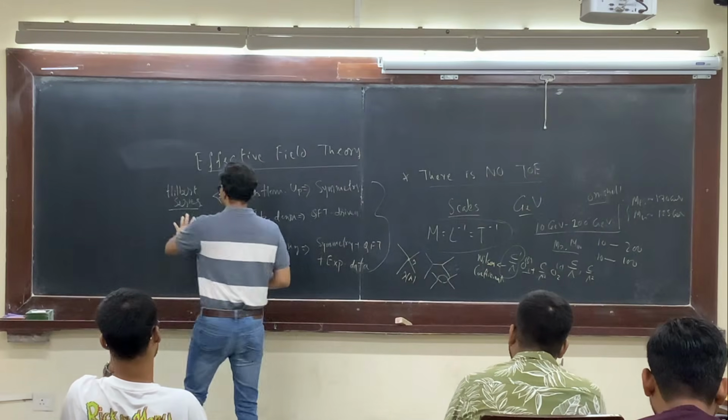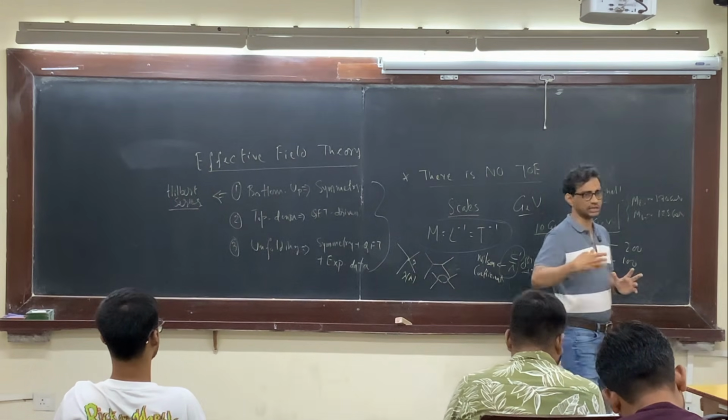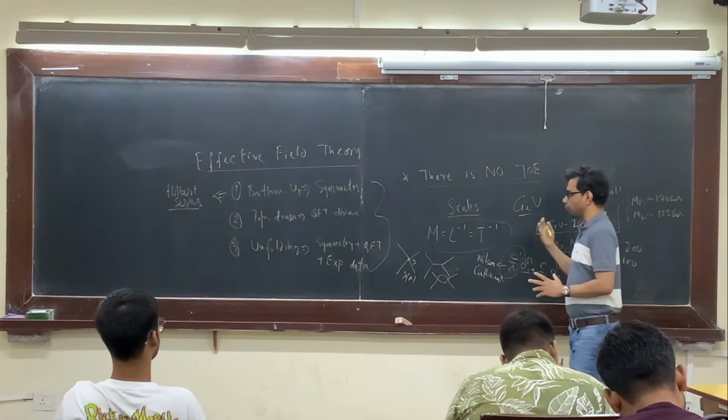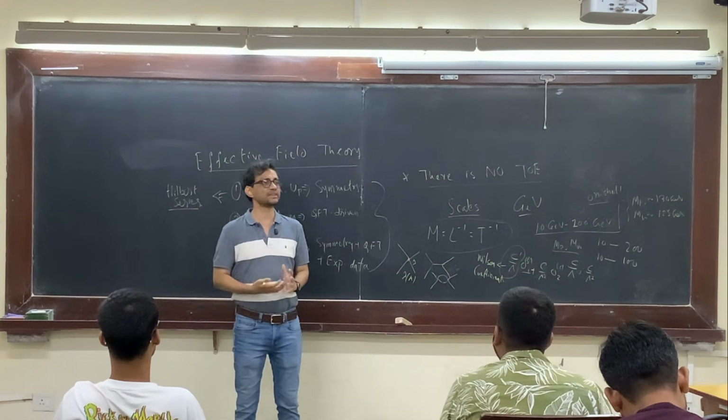Okay. So as I mentioned, the Hilbert series is the method that we will learn. That is the first thing that you will enter. Let me tell you, the bottom-up approach is historically the notion of the effective field theory.